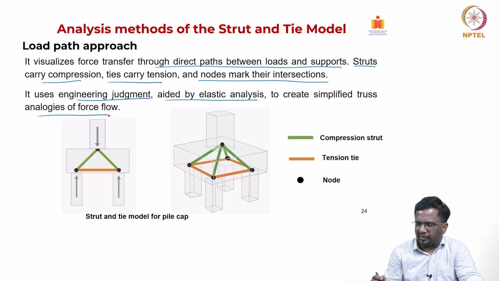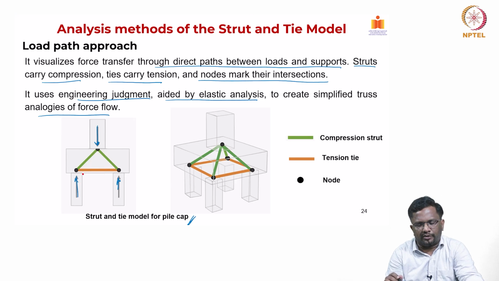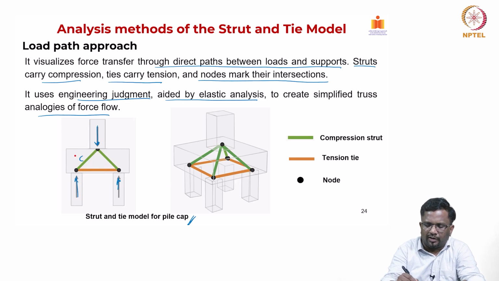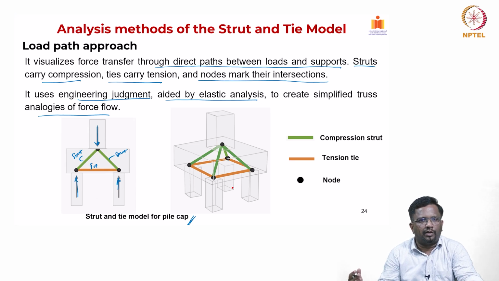For example, this is a strut-and-tie model for a pile cap. You can see there is a load that is coming here, you have these two piles. So, I have to create some truss. You can clearly say this is a strut, here there is one strut and this is a tie, okay, from 2D. Now, if I have multiple pile caps, then inside I am forming a 3-dimensional truss.